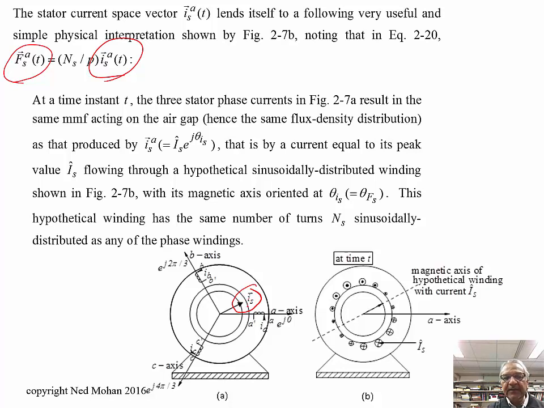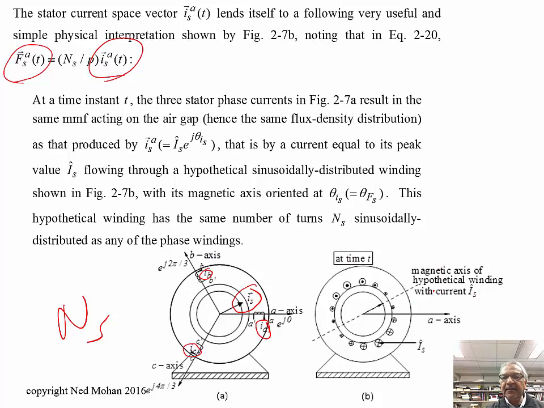What it's telling us is that the MMF produced by these three currents flowing simultaneously, IA, IB, and IC, is the same as if this MMF were produced by a hypothetical winding which has the same number of turns as any of these windings, n sub s, but its axis orientation is in the direction of this space vector here.